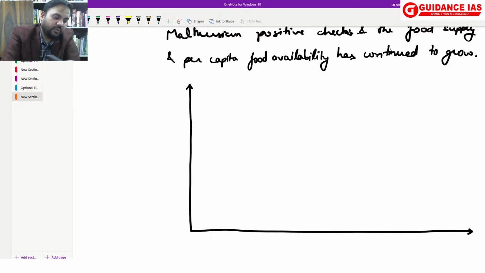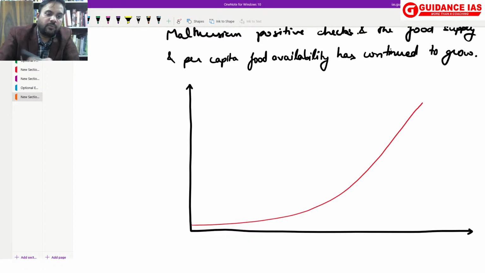So in this what we are saying is, one is this population growth of the world. However, when it comes to the food growth, what we find, here you can say at this point there was what?